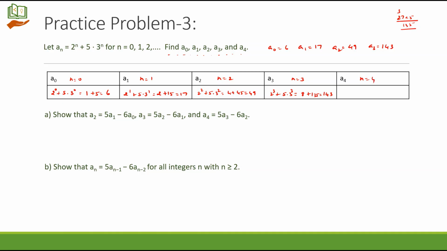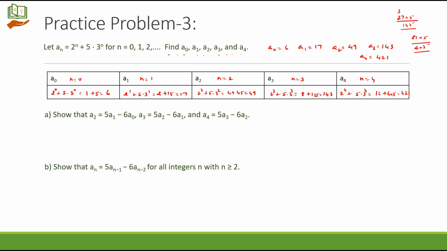What about A4? 2 power 4 plus 5 into 3 power 4. 16 plus 5 into 81. 3 power 4 is 81. So this will be 405. Along with 16 will give 421. So A4 will be 421.